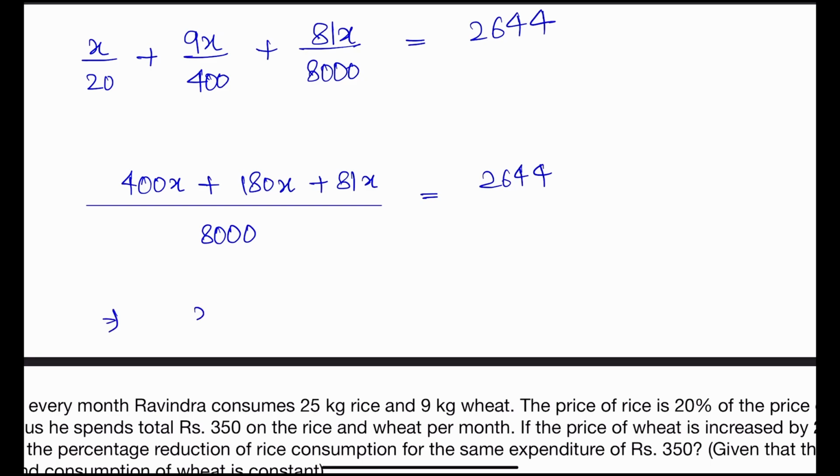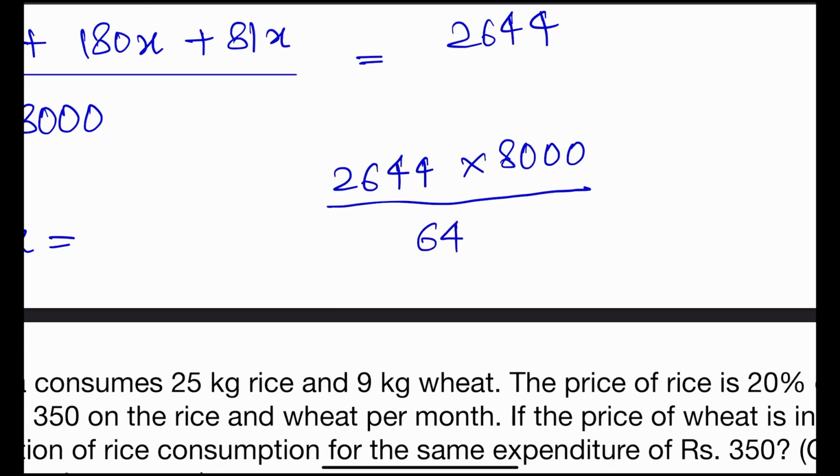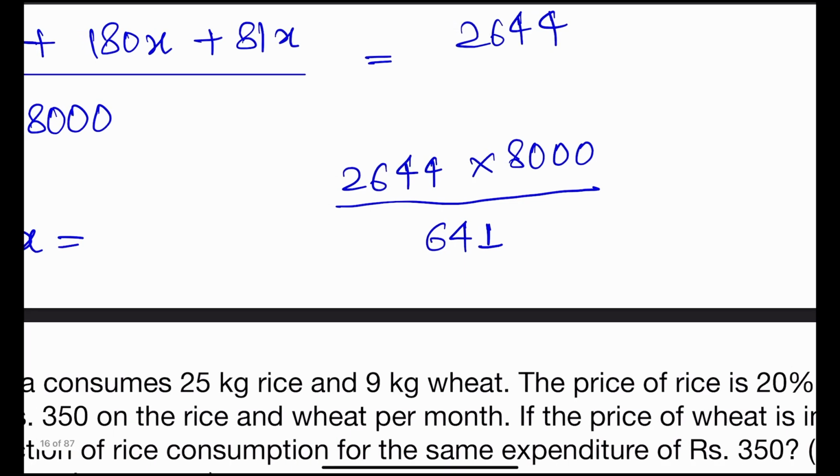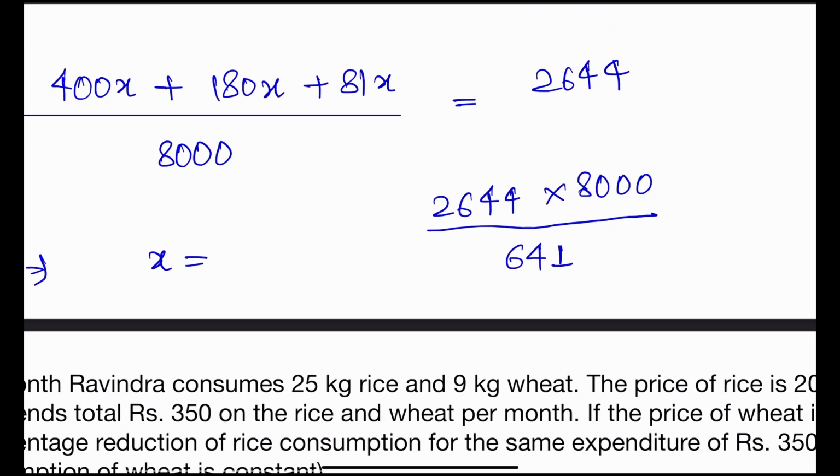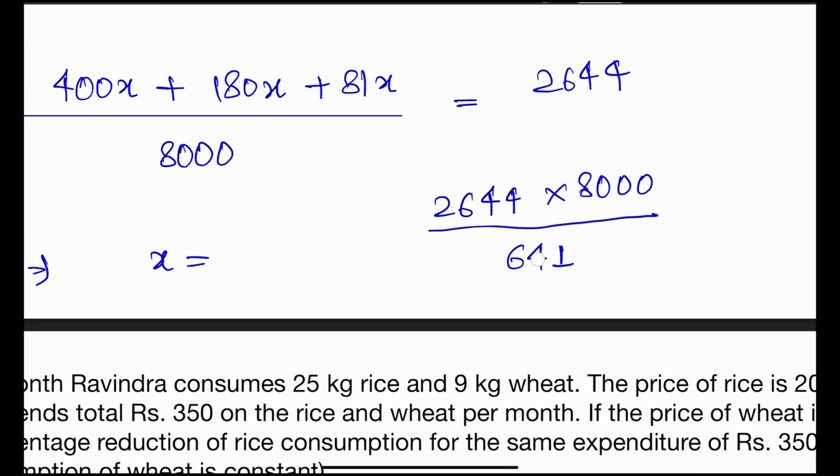So x I can rewrite as 2644 into 8000 divided by 400 plus 180 plus 81, which is 661.